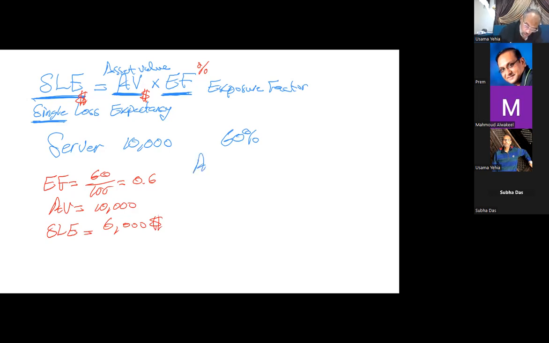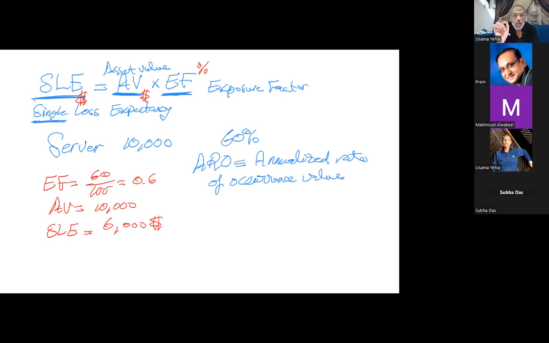We will have another definition called ARO. ARO is the annualized rate of occurrence value.